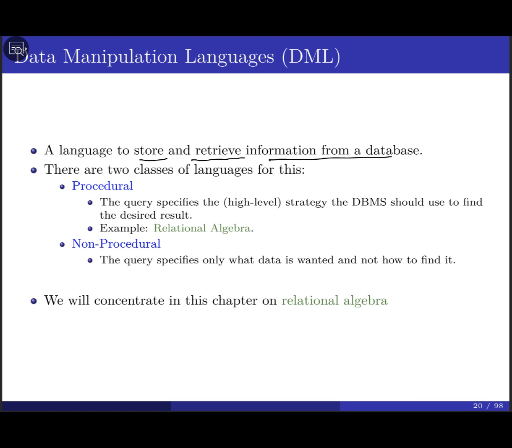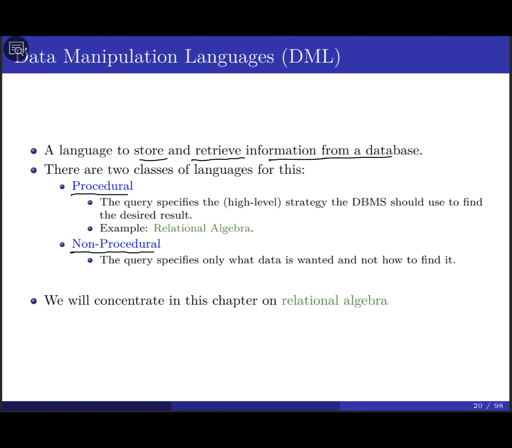Okay, we classify the data manipulation language into two parts, the first one procedural, the second one non-procedural. Some textbooks have different classifications, but this is the most common one. So what does it mean to be procedural? When you choose procedural, you tell me exactly what information you need and also the steps of how to get this information.